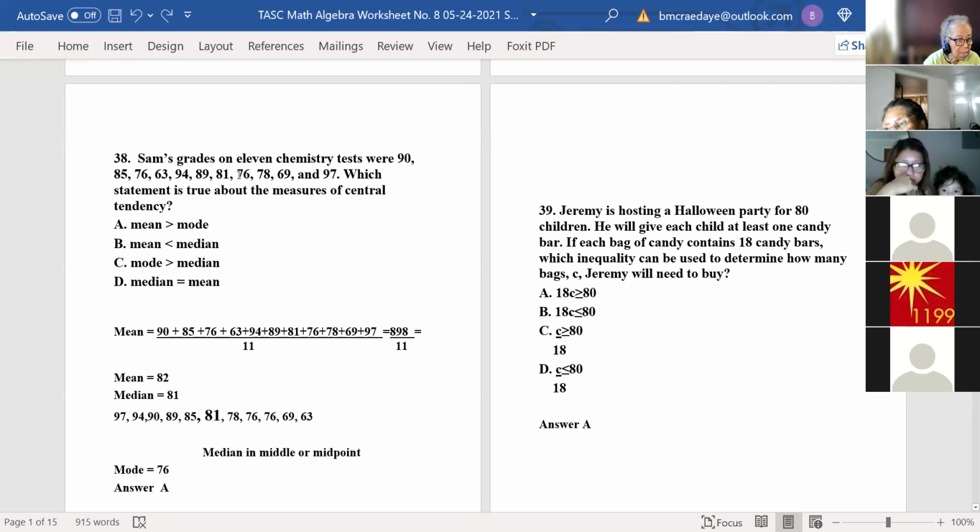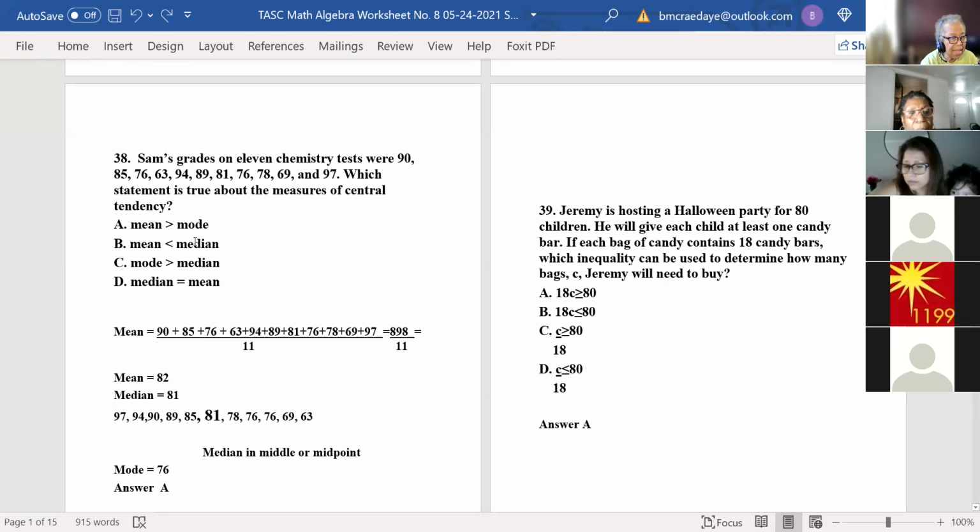So what answer did you put? I am looking for it, Miss Barbara. I have it. Yeah, you didn't put that one. You got the right answers for your mean, mode, and median. You just have to do the comparison. The mean is 82. The mode is 76. It's greater, so that's answer A.